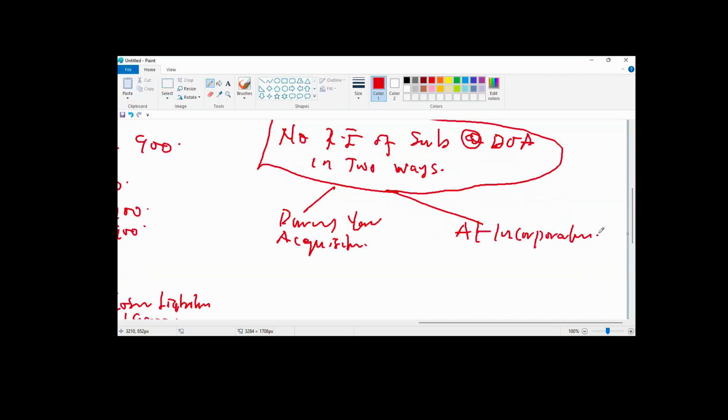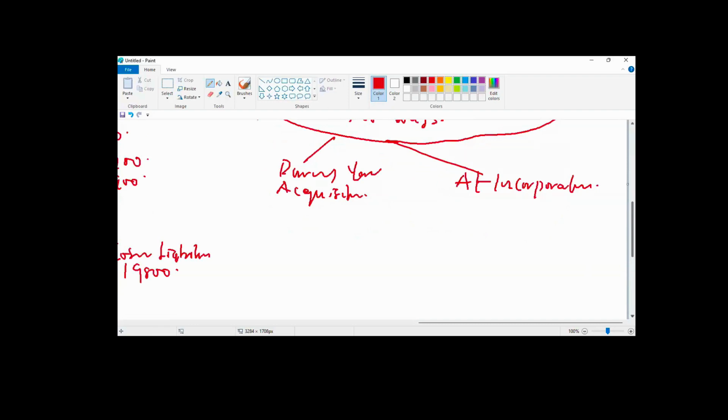Nobody will give you retained earning; you have to look for it. But at incorporation, always know that the retained earning is equal to 0. Why? He has no work. The day he starts the business, he acquires it. At incorporation, the retained earning is equal to 0.